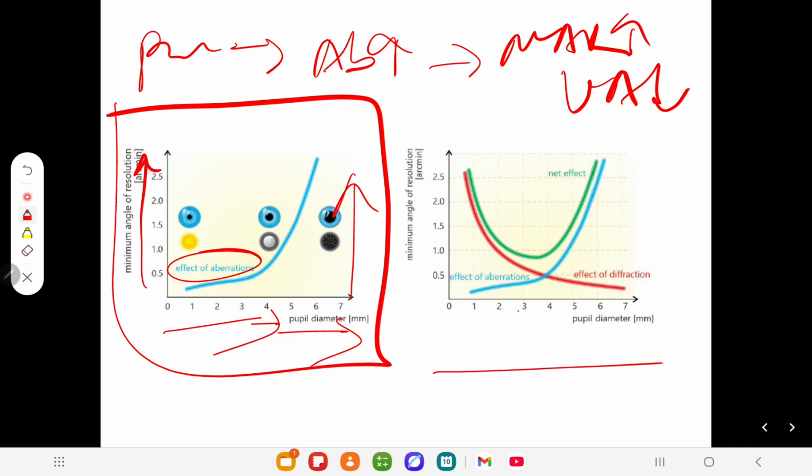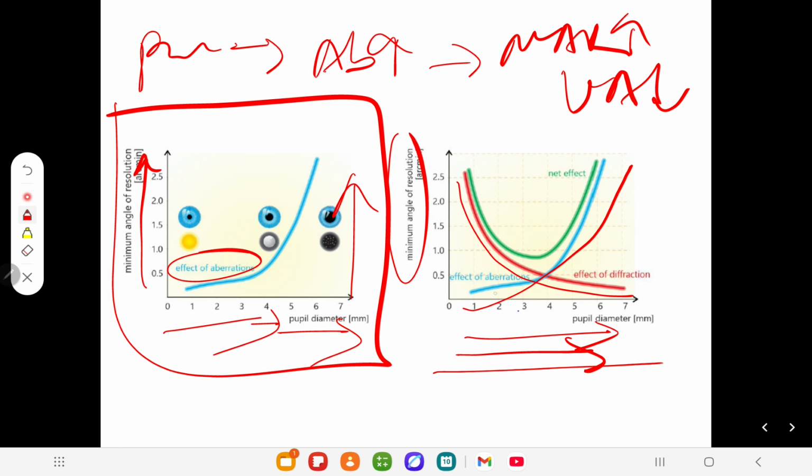This picture is a very good picture. See, the effect of aberration on this axis and the effect of diffraction on this. As the pupil increases, the effect of diffraction helps to get a smaller minimum angle of resolution, but as aberration increases the minimum angle of resolution increases, which means visual acuity decreases. So this is a sweet spot, isn't it?